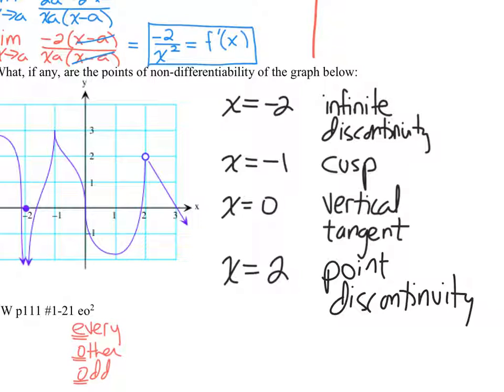Ignore the little tiny gap; on a test you'll have a clean graph that'll make sense. The open circle there, while you want to look at it and say it's a corner because that's what a corner looks like, there actually is no point at that location. So the point discontinuity trumps the idea of non-differentiability.